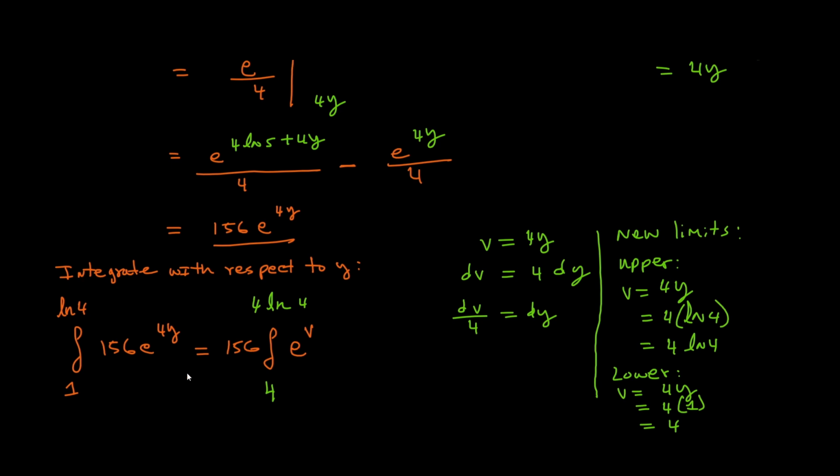And remember this is with respect to dy. So our dy is dv over 4. So we're going to bring it over. Okay.